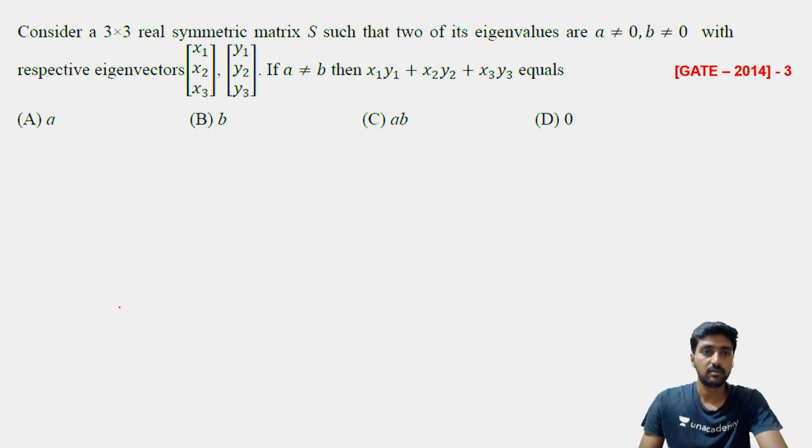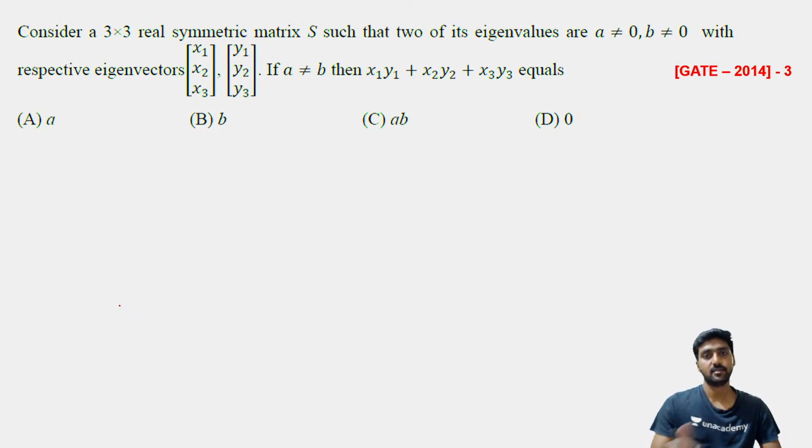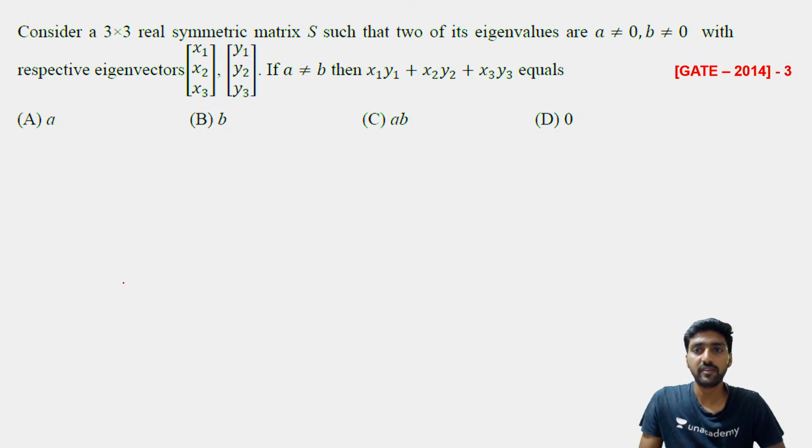Consider a 3 cross 3 real symmetric matrix S such that two of its eigenvalues are A not equal to 0, B not equal to 0. That means eigenvalues are not equal to 0 with the respective eigenvectors they are giving. Whenever A not equal to B, both are not identical.